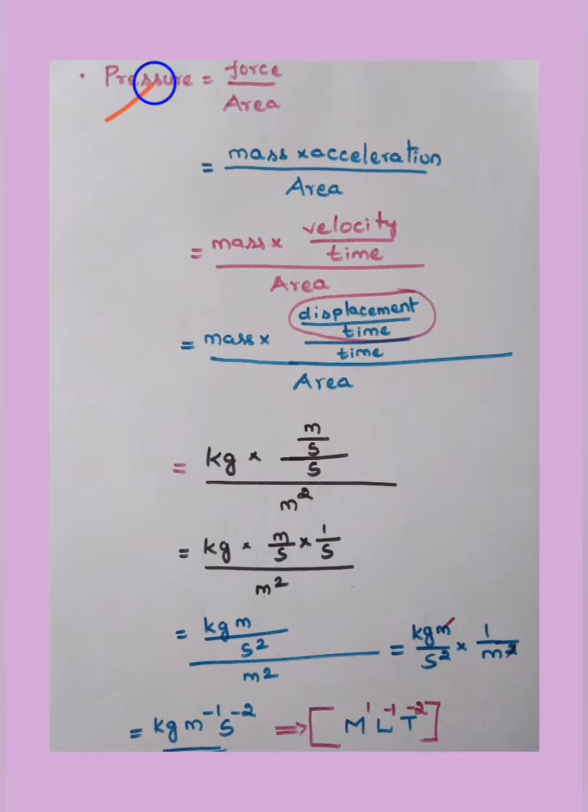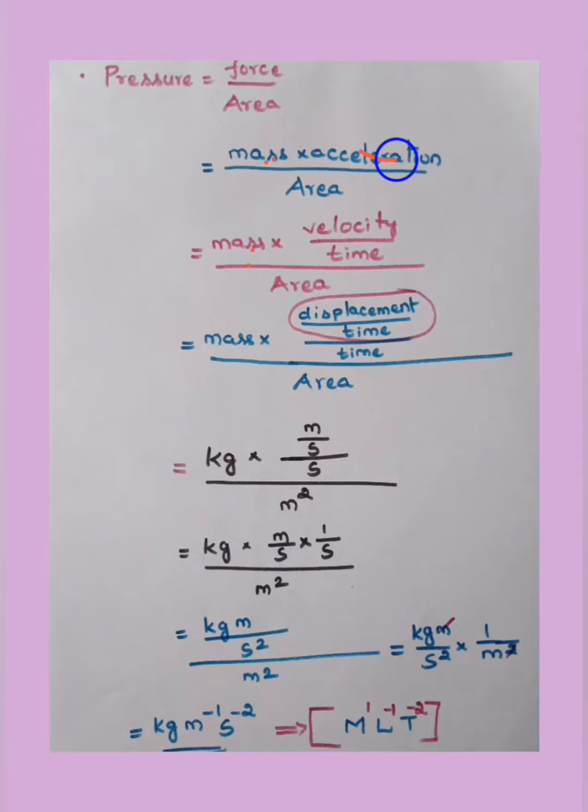Suppose it is given for pressure, and you know only the formula for pressure, that is force by area. But for force, again you have to expand and write. What is force? Force is nothing but mass into acceleration, divided by area. Write mass as it is, since we cannot divide it further into a product.